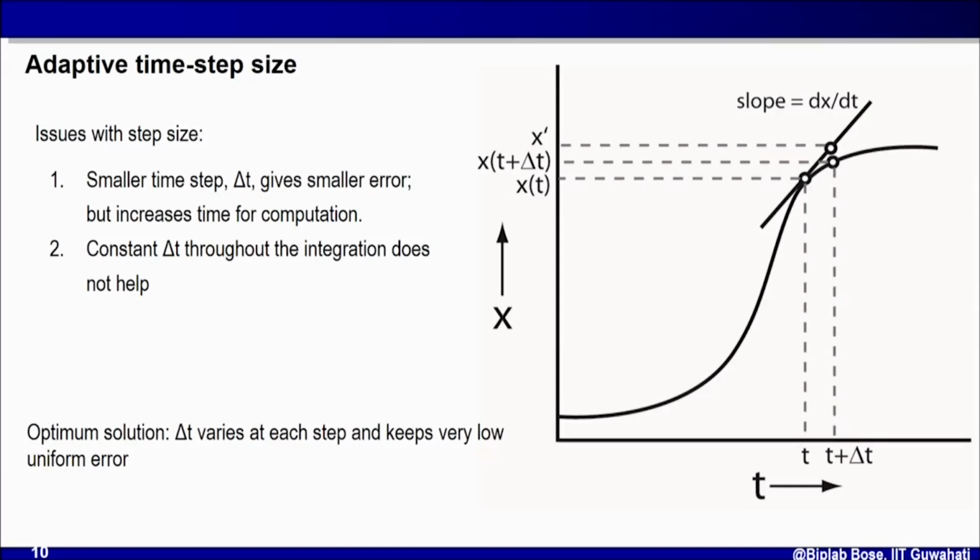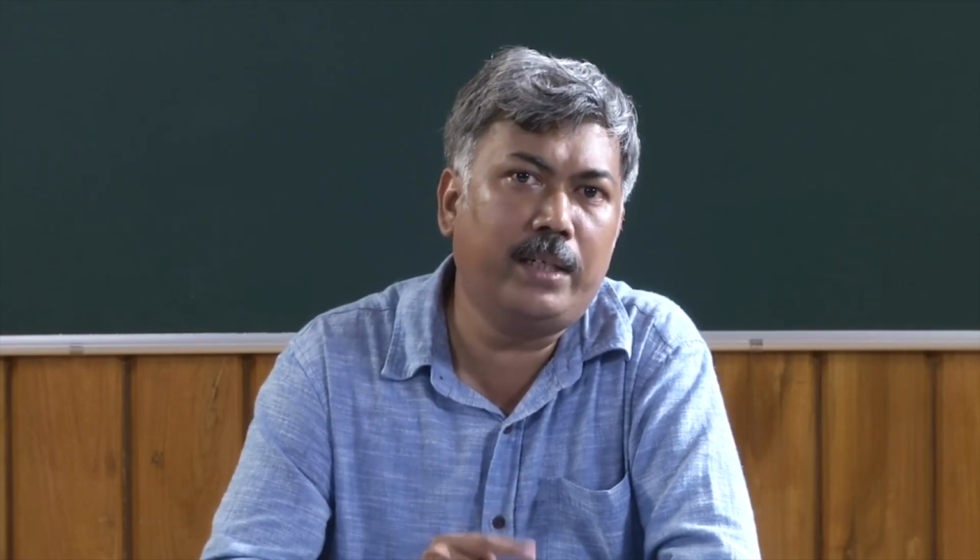Now what I have discussed till now is that if I take an average slope at a particular time point and then estimate the value of x at the new time point, we get a better result. But still the issue of delta t lingers here. If you remember, in our previous module we discussed that if your delta t is bigger, your error will increase.